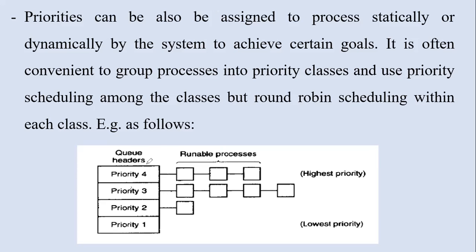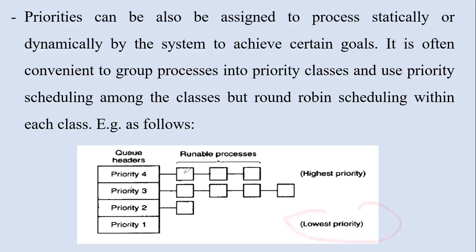So the processes with a similar priority are placed together in one queue. So we have processes that have priority 1, second priority, then the third priority, fourth priority. So processes are organized in various queues based on their order of priority, so that those who have the highest priority are attended to first, and those with the lowest priority are run last.